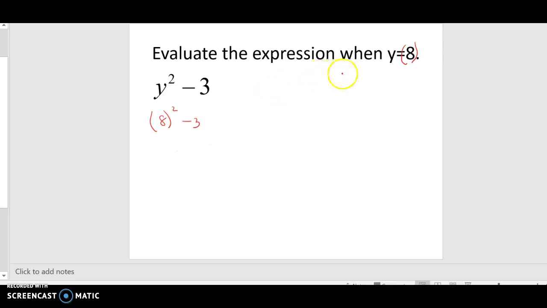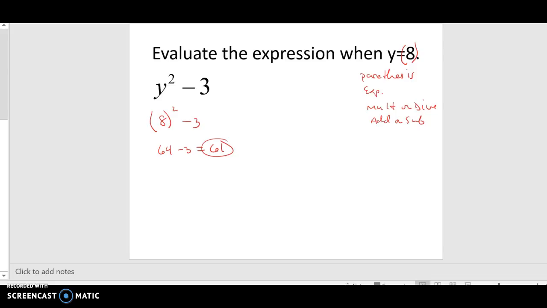Now, remember PEMDAS. We always do parentheses, then exponents, then any multiplication or division, and then any addition or subtraction. So what is 8 squared here? 64. 64 minus 3 gives me 61.